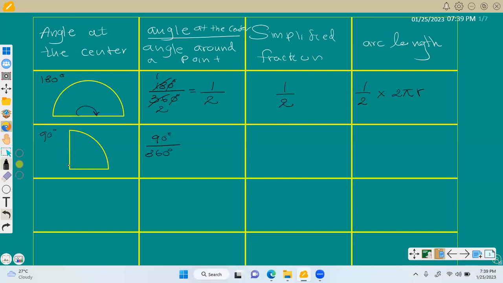Now the angle at the center is 90. 90 degrees is denoted by a block like this. Then if we cancel 0 and 0, then 9 divided by 9 is 1, 36 divided by 9 is 4. So it is 1 upon 4. Then the simplified fraction is 1 upon 4. Therefore, the arc length of this sector can be found as 1/4 times 2 pi r.